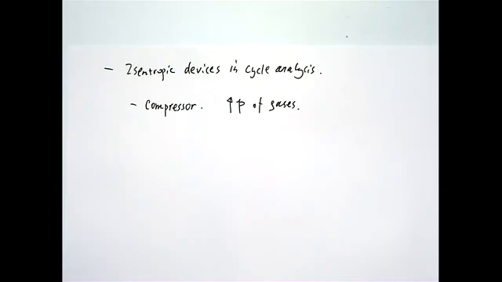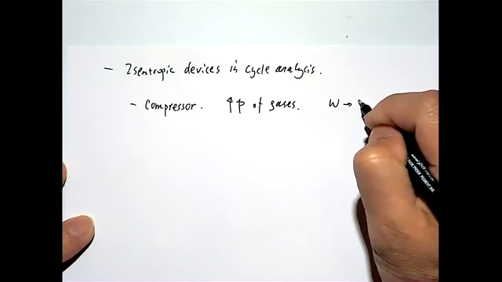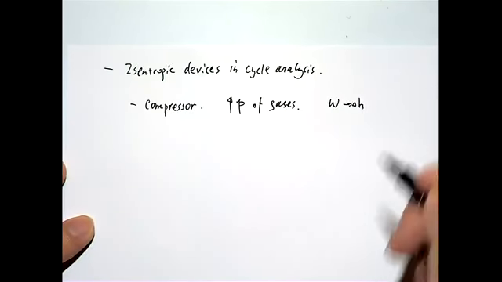During that process, external work is added to the system containing the gas, and converted into the enthalpy of the gas. So external work is converted to enthalpy in that process.